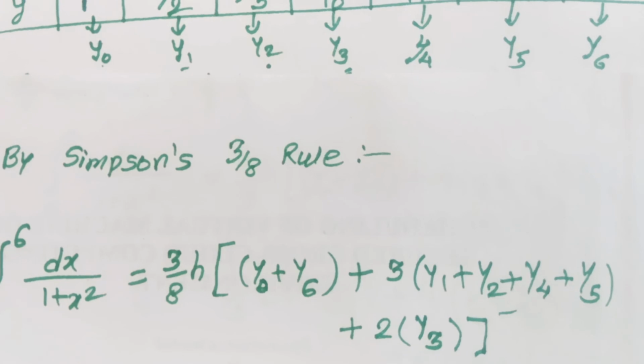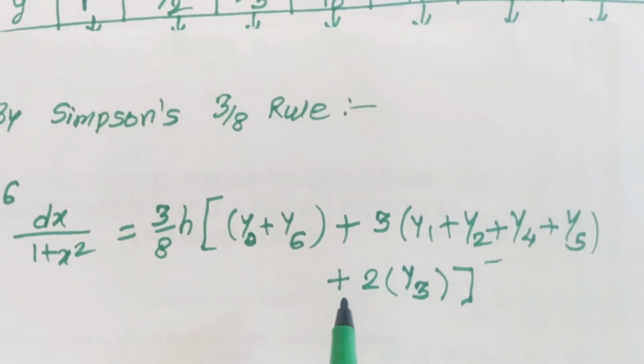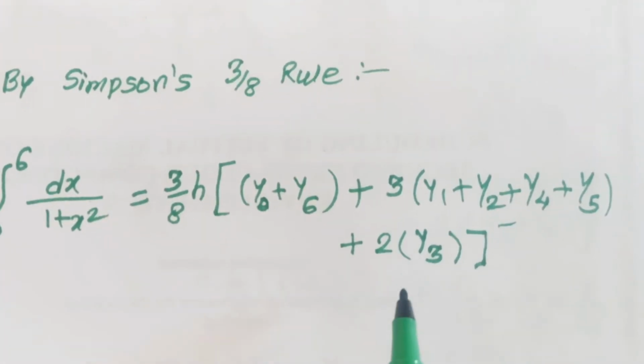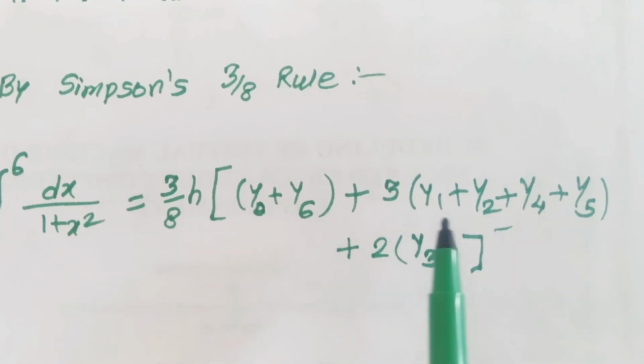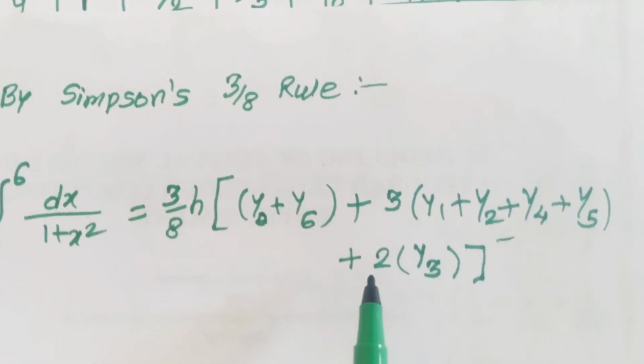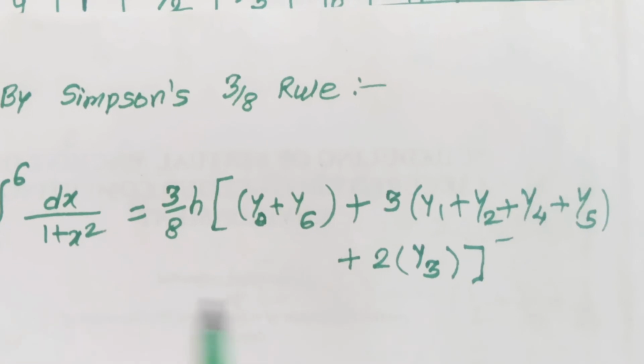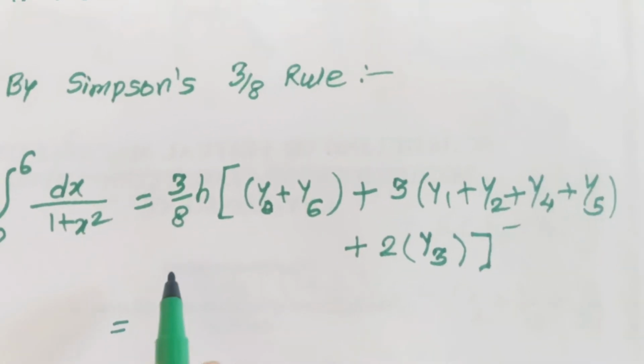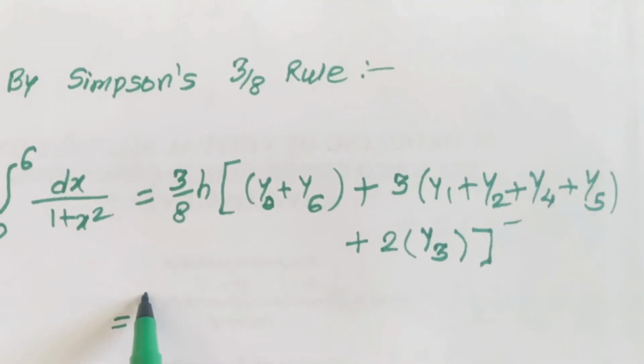Now after the formula, our work is simple. We just have to put the values of y0, y6 and so on in this formula, then we get the answer. Here h is the interval difference, and the value of h is 1.